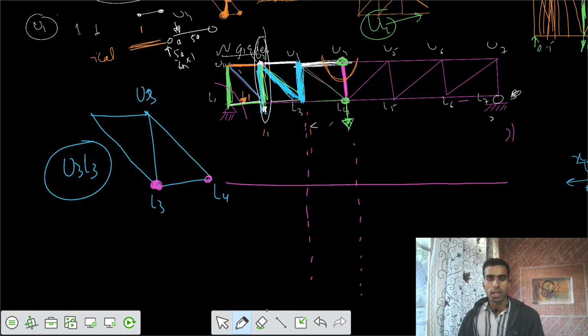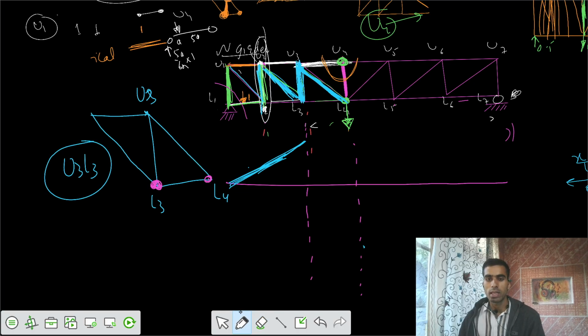Now what is the diagram for this one? Can you tell me the starting diagram? Would that be in this direction, or would that be in this direction? If you analyze the diagonal members, they are in this fashion, starting in negative fashion. That means for the vertical they would be starting on the positive side.